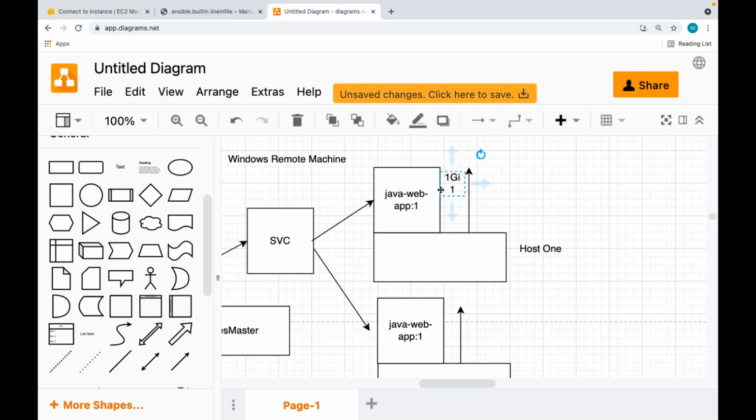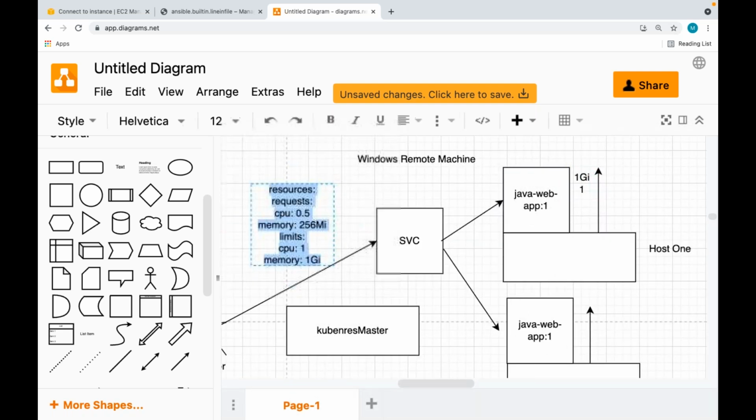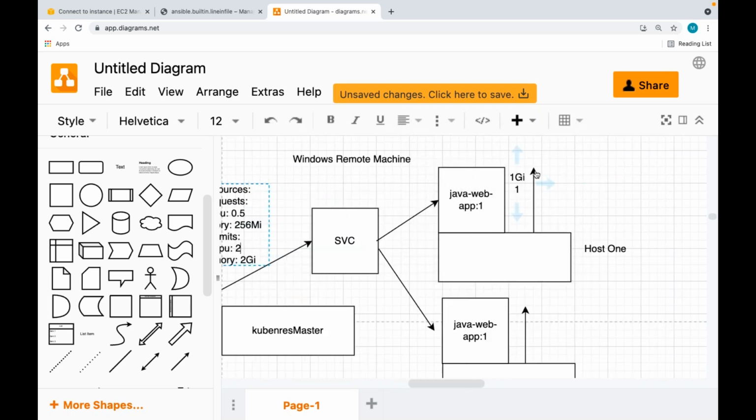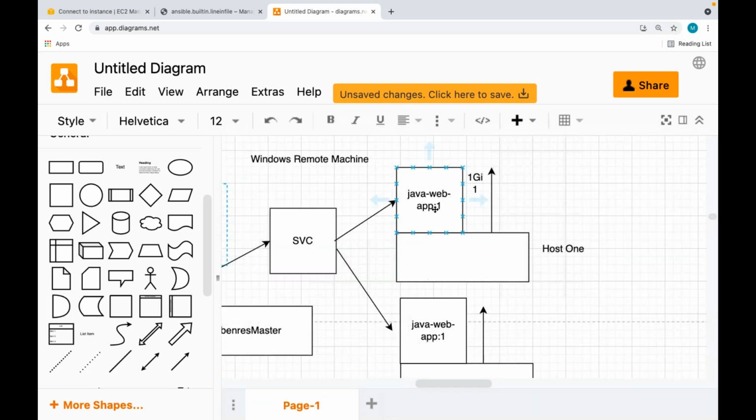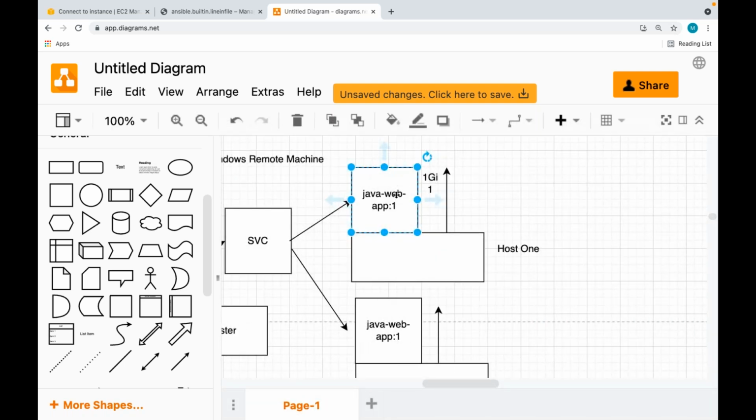Horizontal in the sense, can I increase the limit? Instead of 1 GB, I can increase to 2 GB, increasing the capacity. But no one is going to do this. So instead, we are going to do it the other way: replicating, duplicating that pod.